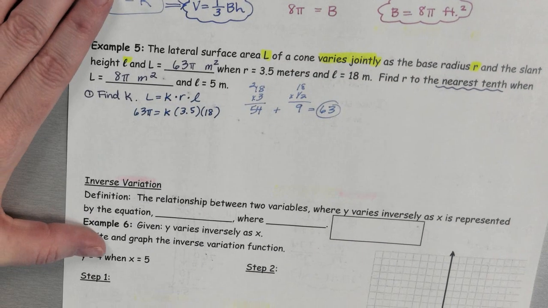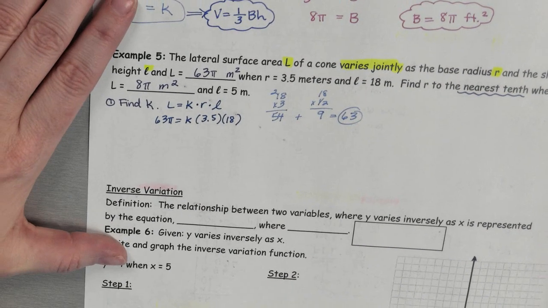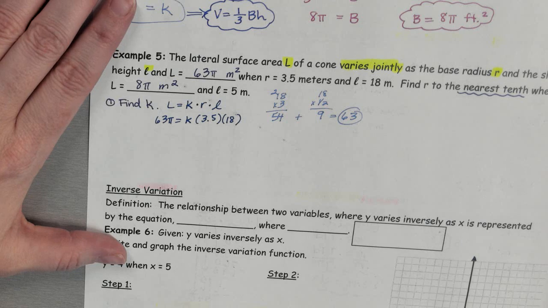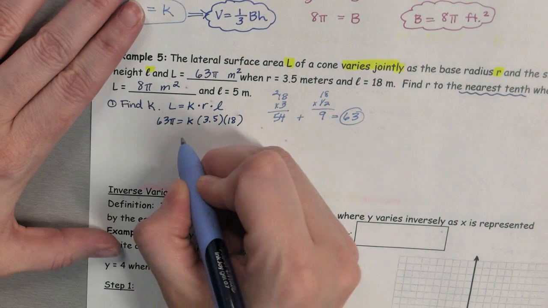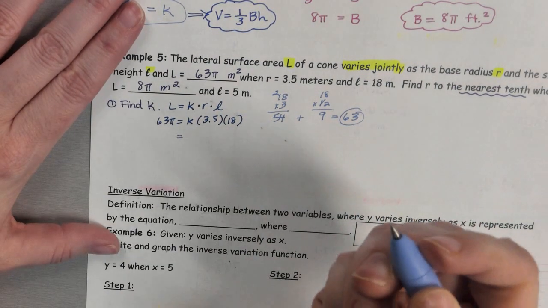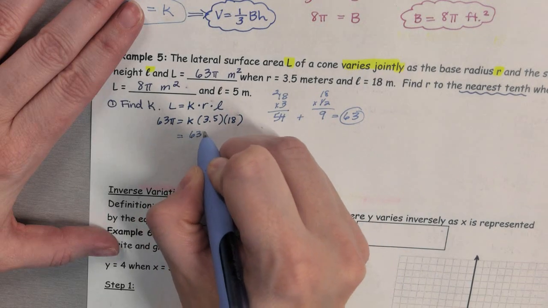So see how quick that is? I recommend doing it like that, especially if it's the half, because that part you can usually do in your head. And then, so you have 63K.